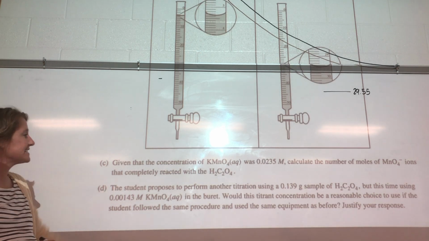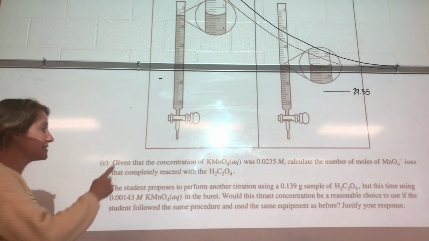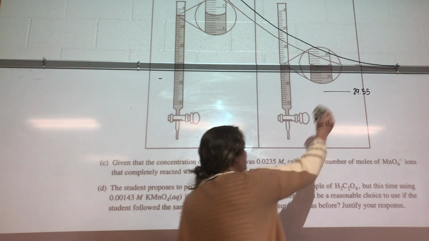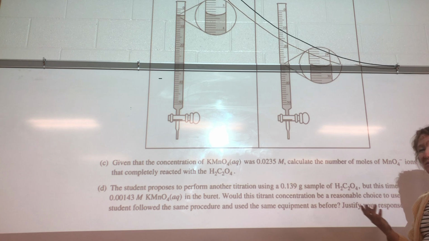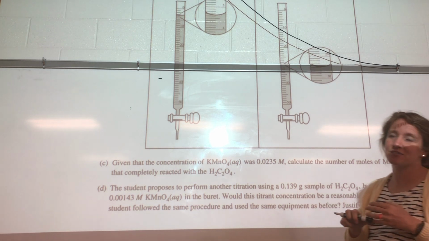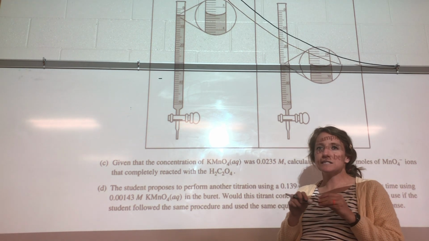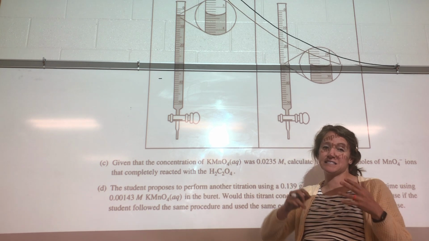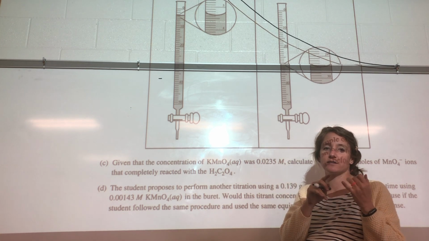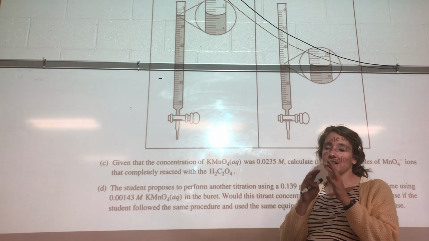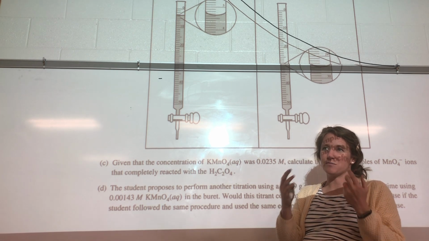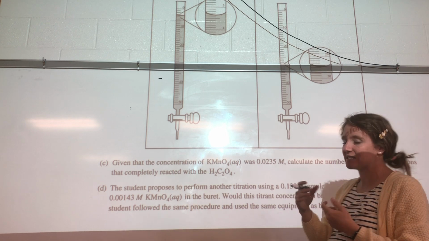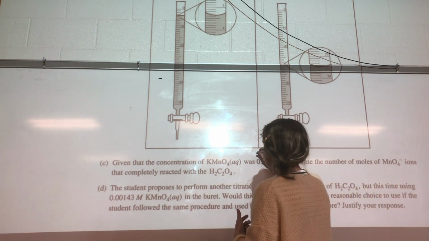All right, C says, given that the concentration was that, calculate the moles of MnO4. Now this was another problem that I kind of debated, but titrations is mentioned in earlier topics, not just this unit. It's really heavy in unit 8 with acids and bases, but it's also mentioned here. So the biggest thing to remember with the titration is that the equivalence point means the moles are equal.